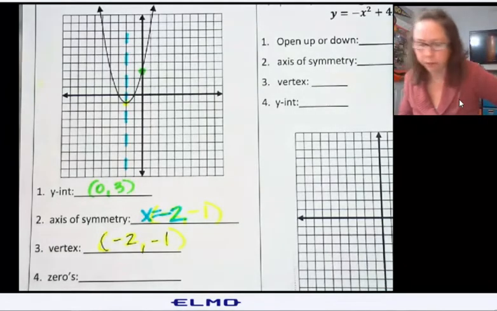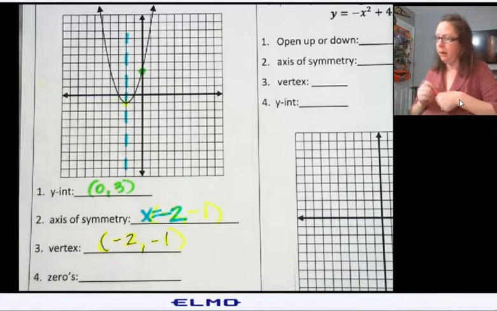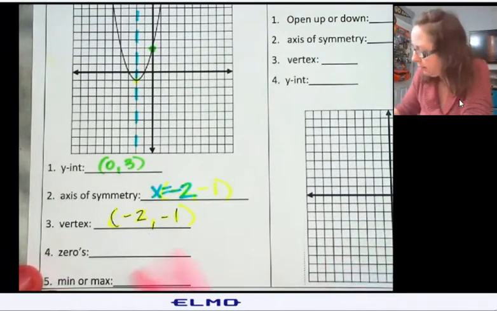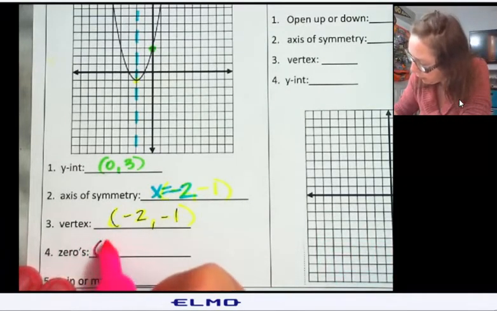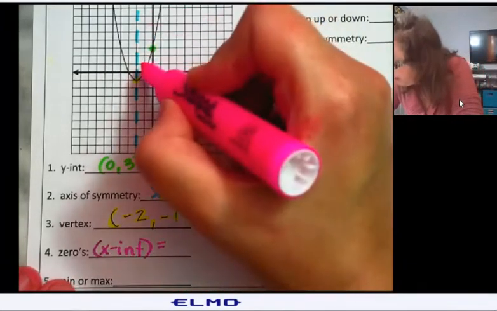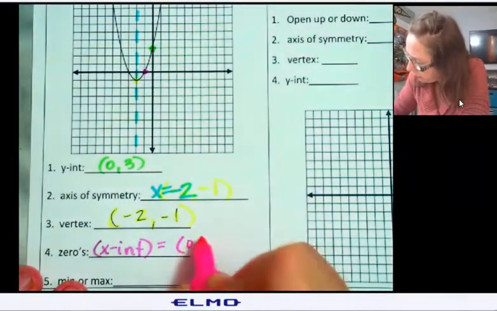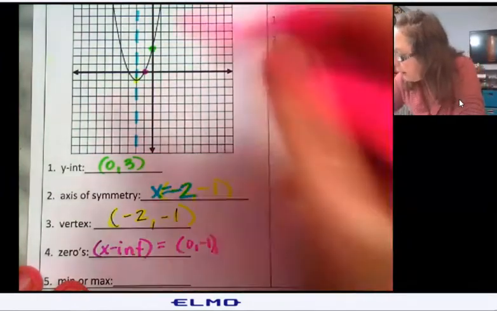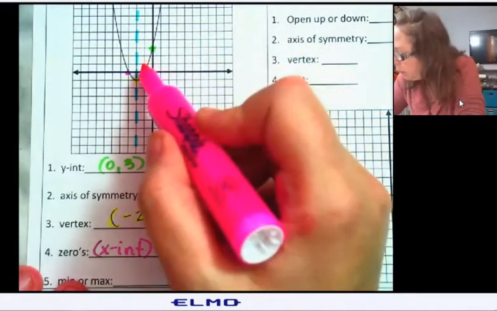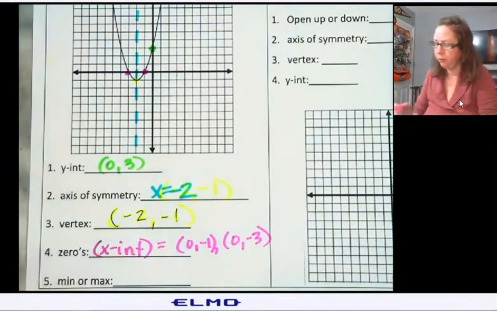Where are the zeros of this function? Okay, the zeros are located on the x-axis. Remember, these are the x-intercepts. And so they are located right here at -1, 0 and at -3, 0.